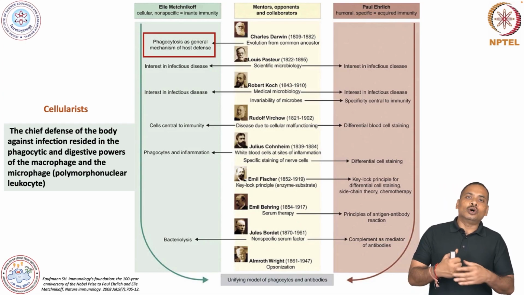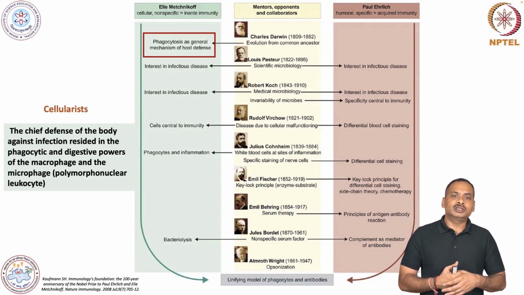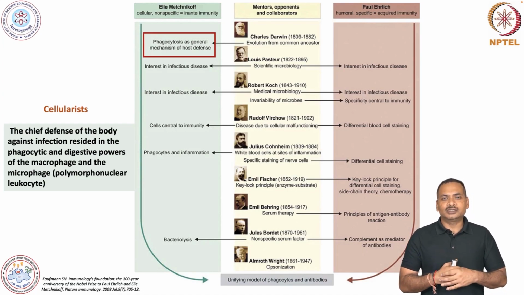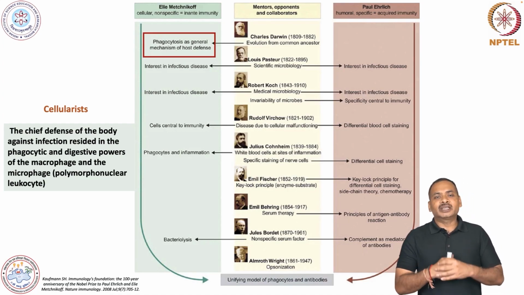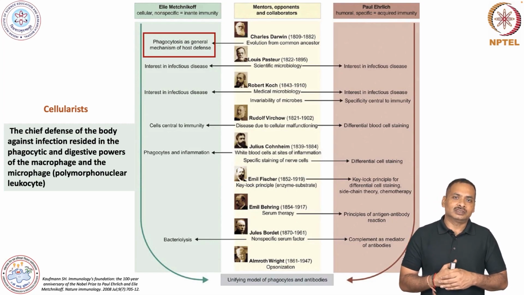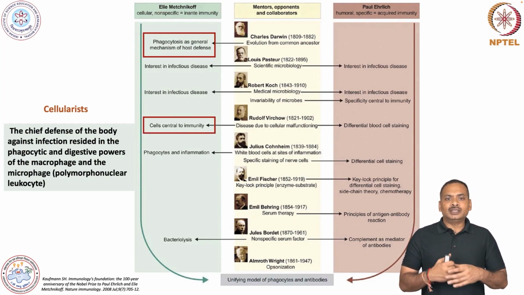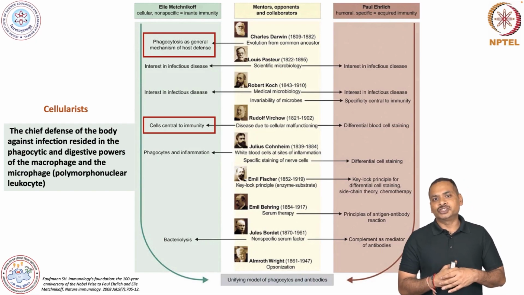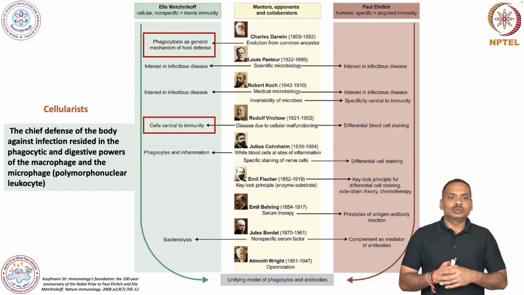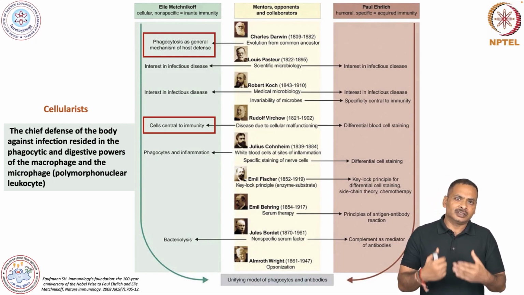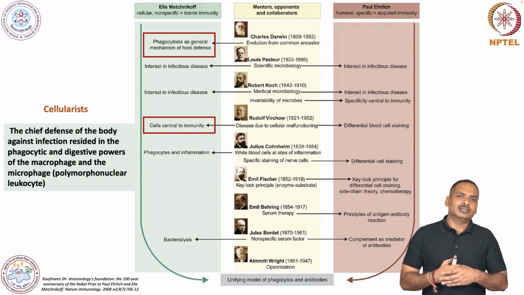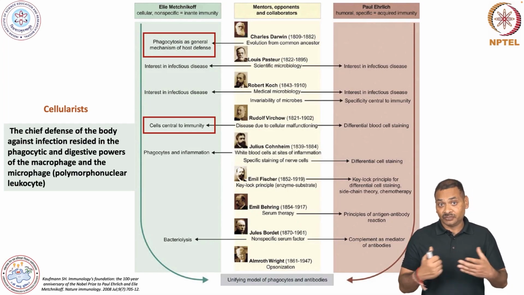Okay. And who are the supporters of this theory? One is Charles Darwin, who said that phagocytosis is a general mechanism of host defense. Okay, he was one of the supporters. Another is Rudolf Virchow. He also supported this theory by saying that cells are central in immunity, in defense.